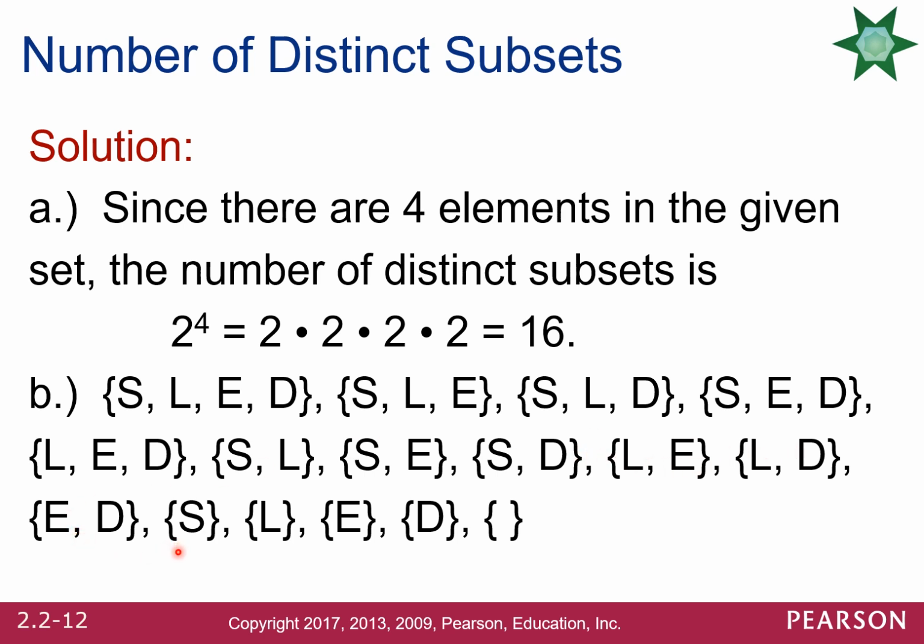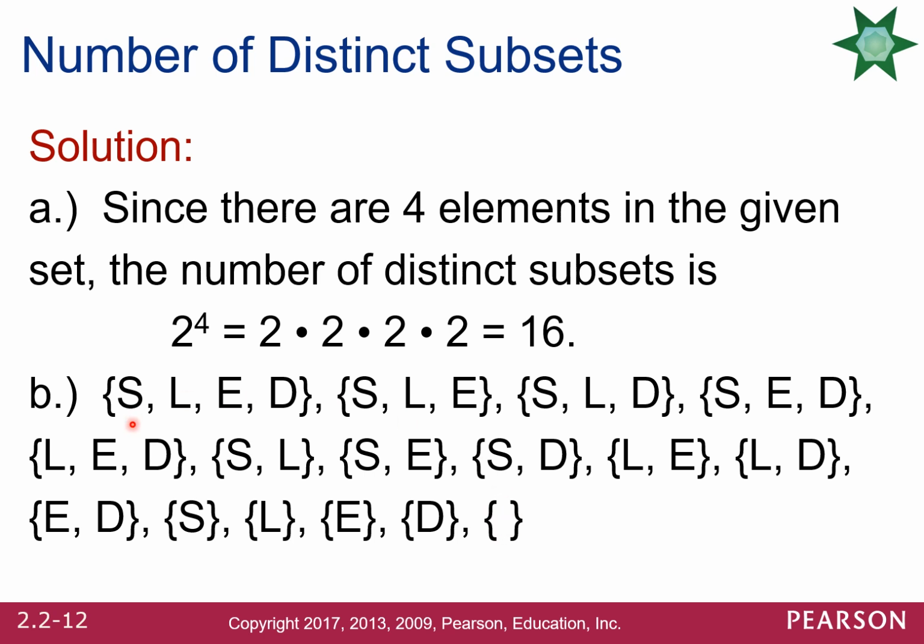And then the subsets with 1 element in it, all right, there'll be 4 of them, is what I meant to say. So S in one subset, L in one subset, E in one subset, D in one, and then there's also the empty set, all right?